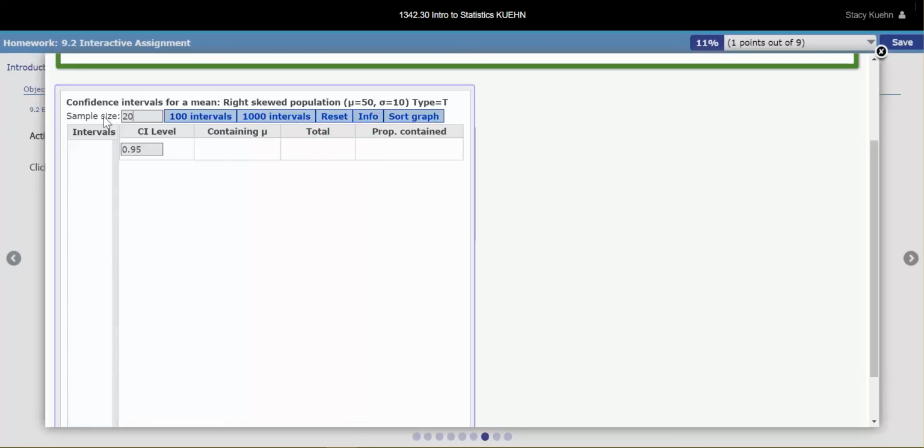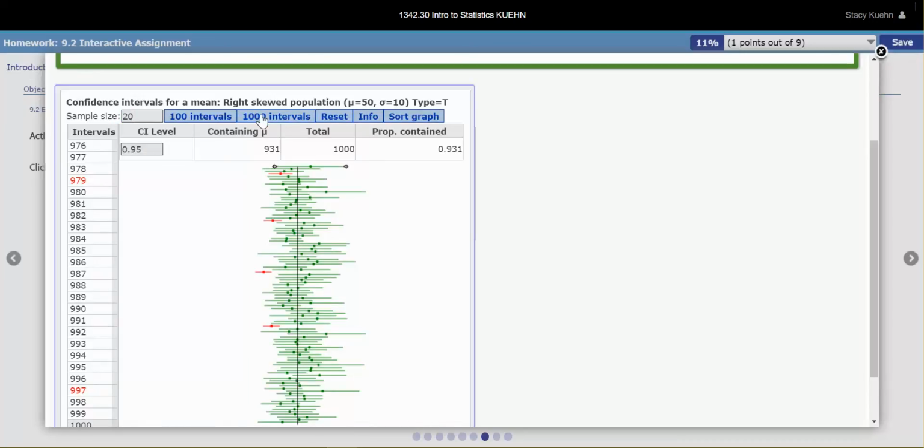Now let's try this again, only with a sample size of 20. You can see that the proportion of intervals that actually contain my mean, which is what we're looking at when we talk about a confidence interval, has grown to 0.931. While this sample size still does not contain my mean like I want it to, we want 95% of those intervals to contain it, and I'm still only at 0.931.